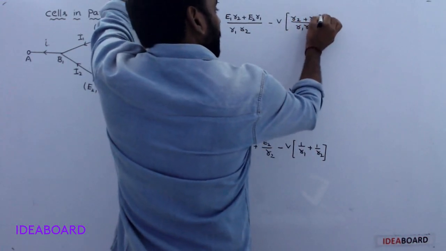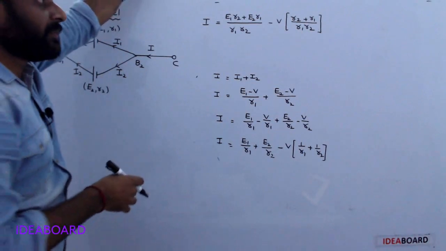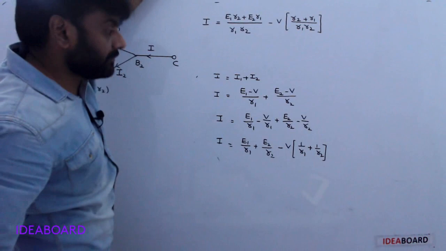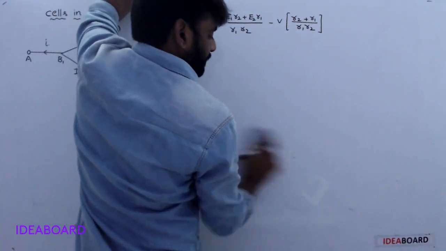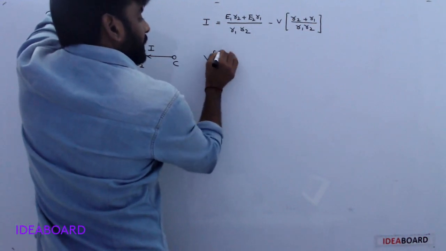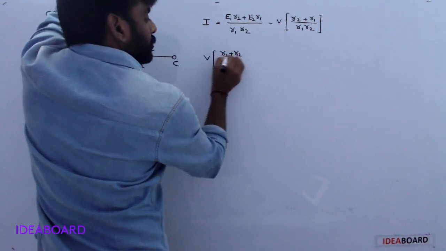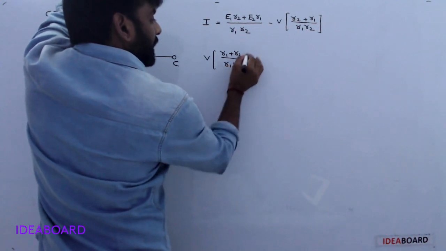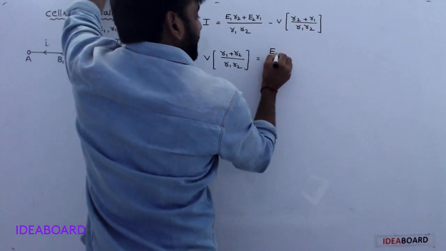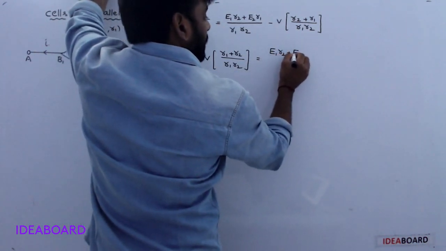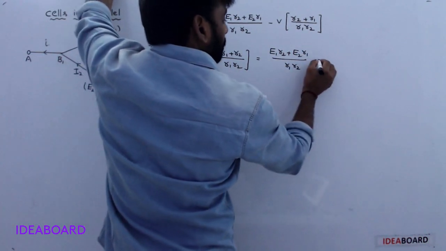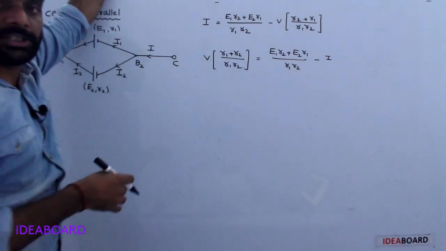Understood? Now taking this side, V in bracket R1 plus R2 by R1 R2 is equal to E1 R2 plus E2 R1 by R1 R2 minus I.